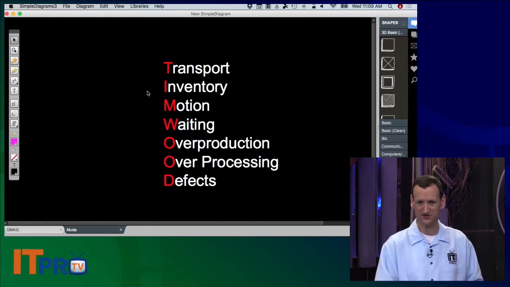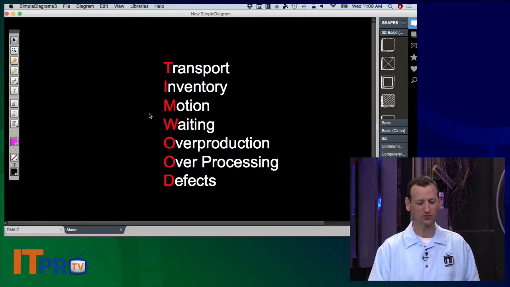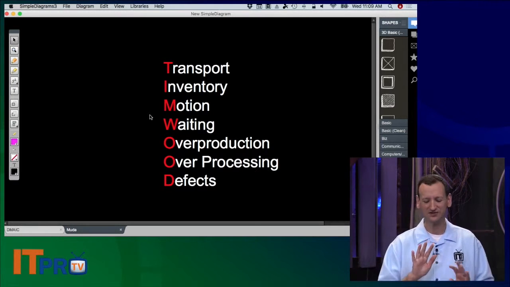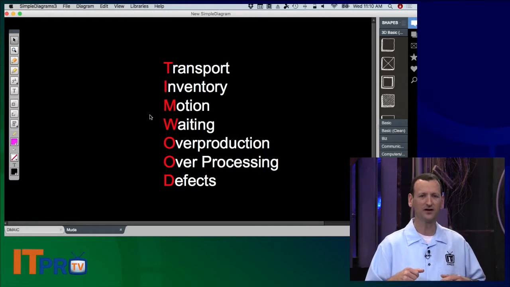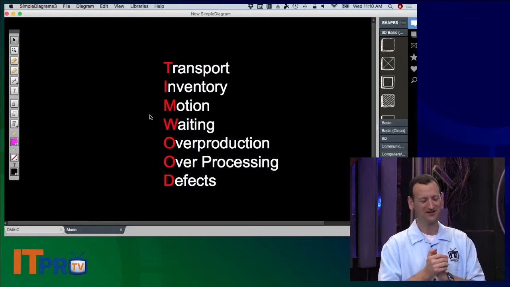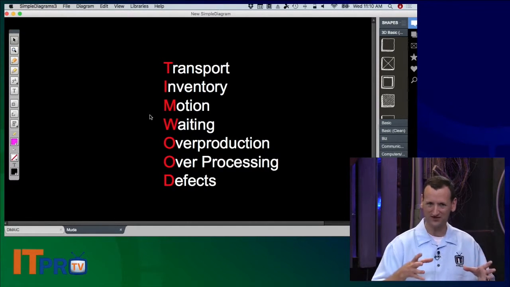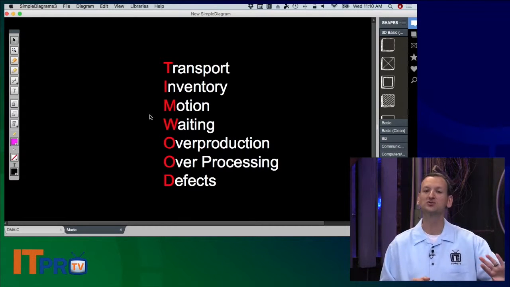Motion. This is kind of a weird one, because we talked about transport. What is motion? Well, it's really talking about too much or too little motion. For example, let's say you get a new appliance like a dishwasher, and you're installing it and you push it into place and you push it a little too far in, or you don't push it far enough in.